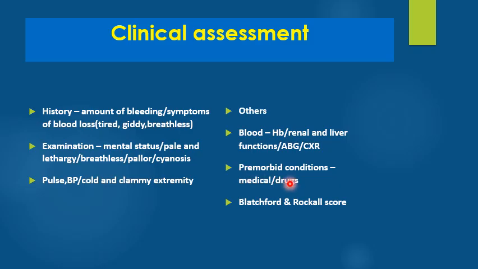These all can be pre-morbid conditions which affect the outcome or prognosis of the patient with PR bleeding. And of course, you can use the Blatchford and Rockall score, which were primarily used in upper GI bleed, but sometimes can be modified to help you as a guide to assess the severity of bleeding.